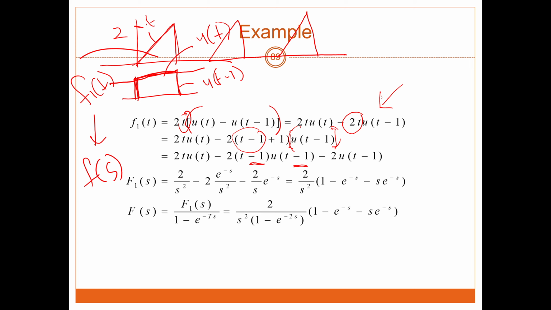And this one will just be 1, no need to have a function t, because this one multiplies this one, and this one multiplies this one.